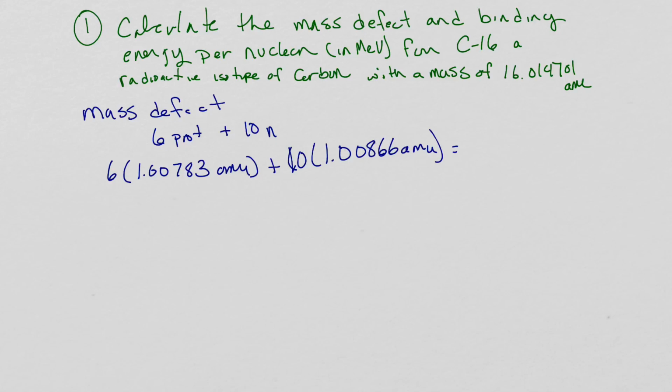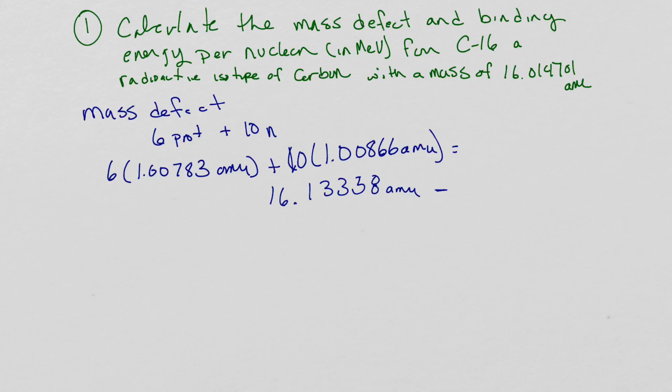So just to come up with a number there, 1.00783 times 6 plus 1.00866 times 10, we get a mass of 16.1338 AMU.